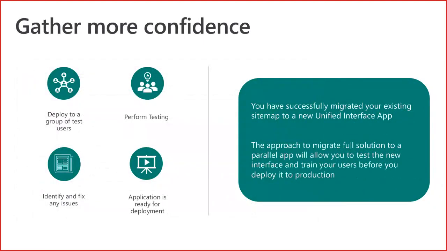What is really important when you are creating a parallel or even a pilot app is gathering feedback from your users, really hearing how they feel about the unified interface, whether they see some potential improvements, and whether it's doing what they expect. So at this phase, we successfully created a new app which contains the same customizations as your existing application in the web client.